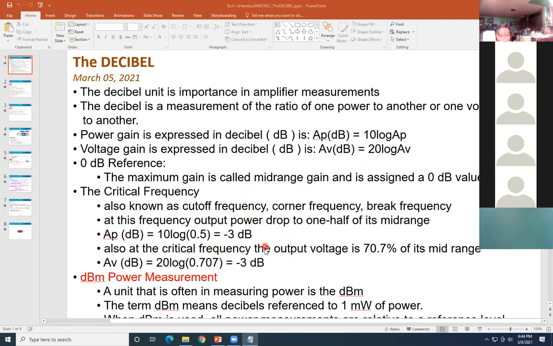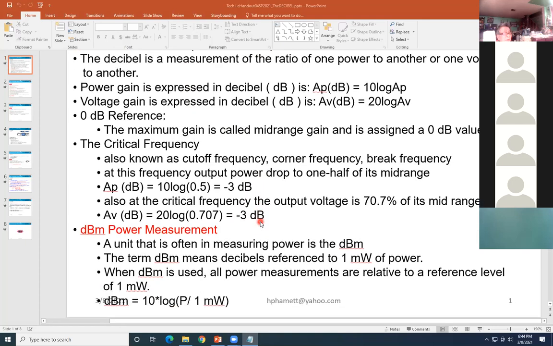So if I say I want 20 log 0.707, you should be able to calculate it. Okay. And now dBm, power measurement.